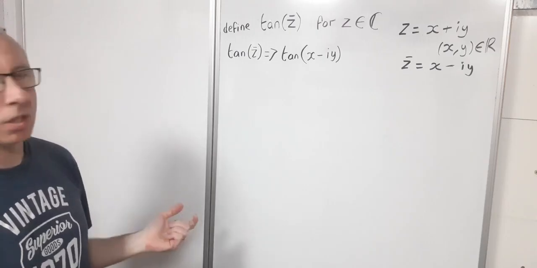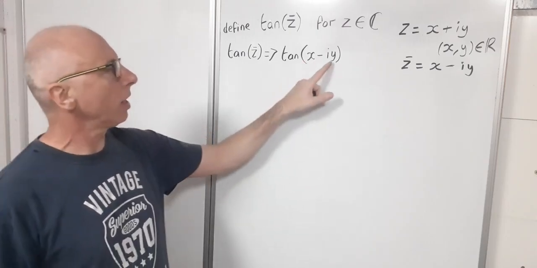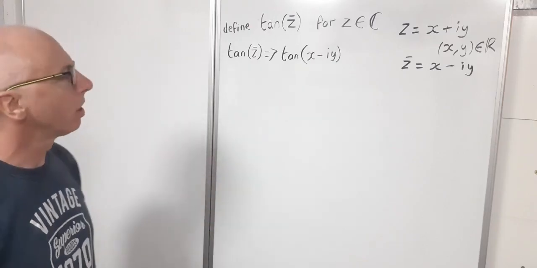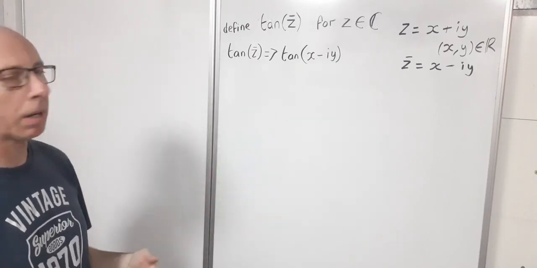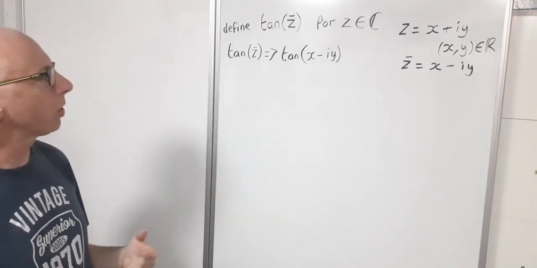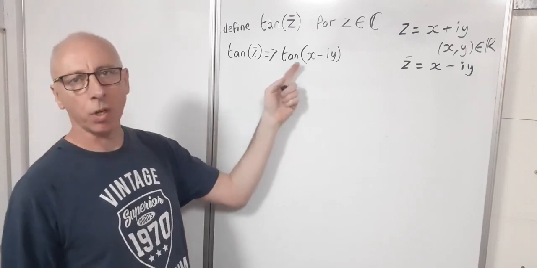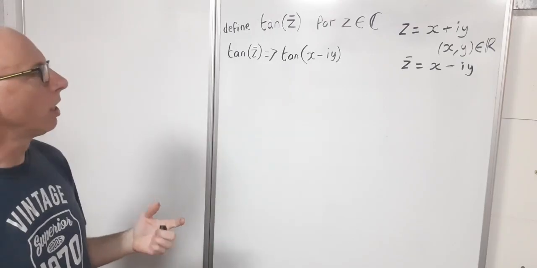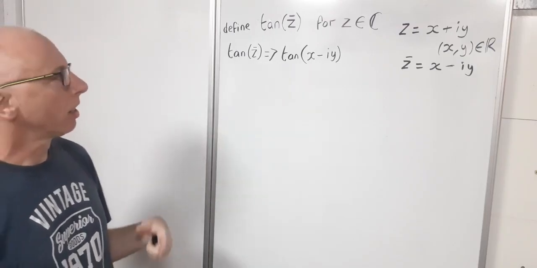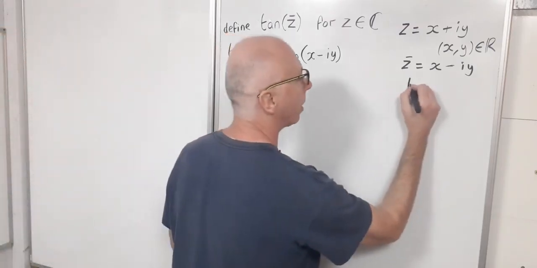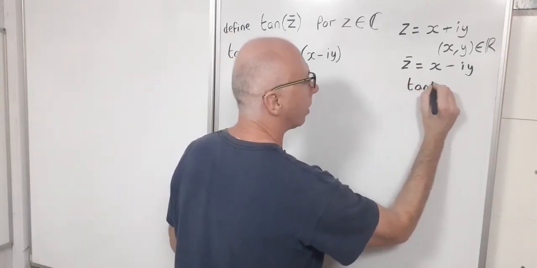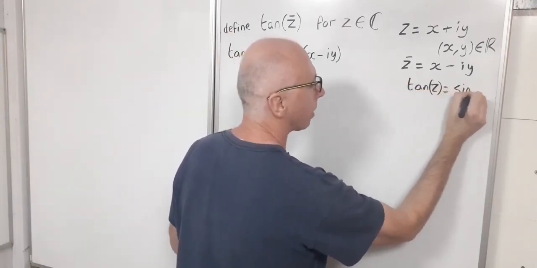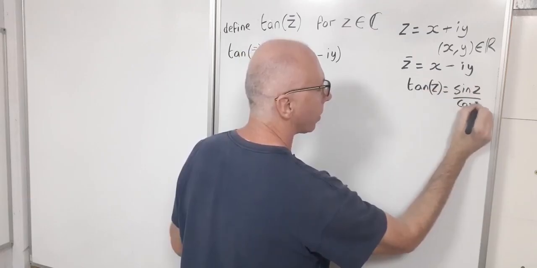Okay, so what can I do now? I've got two inputs for my tangent, so perhaps I can use the sum rule. But the sum rule for tangent, I don't want to go down that route in this video. Why don't we go down the sum rule with sine and cosine? Because obviously tangent z is simply sine of z over cosine of z.